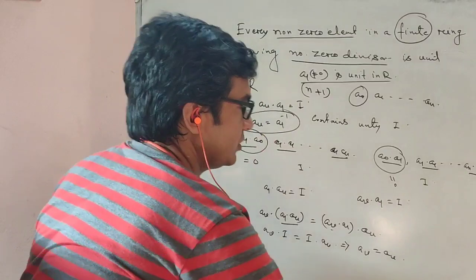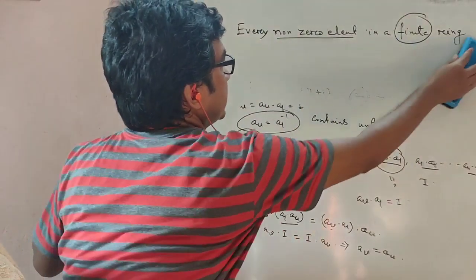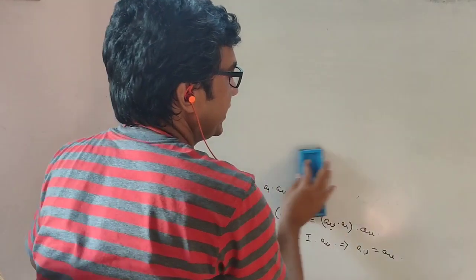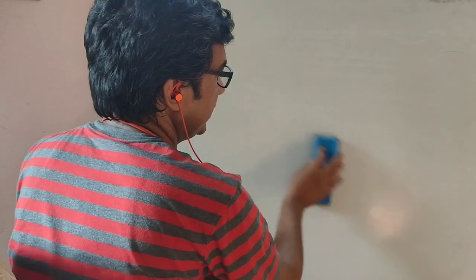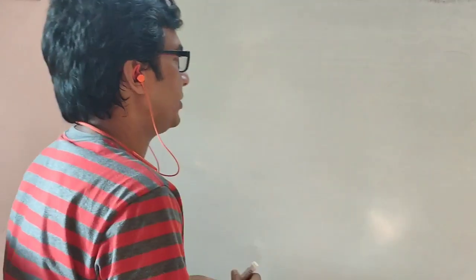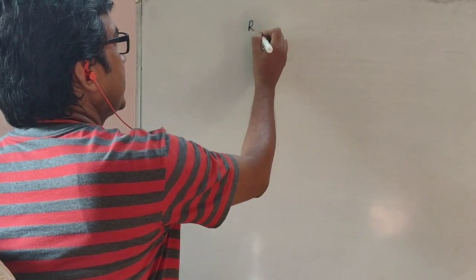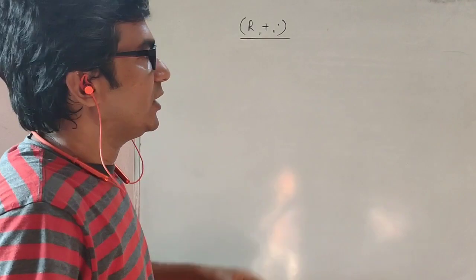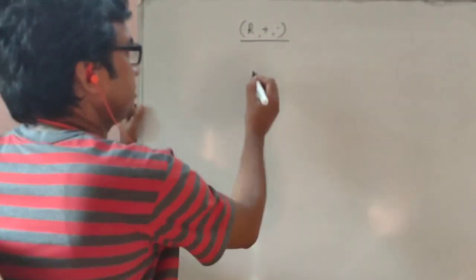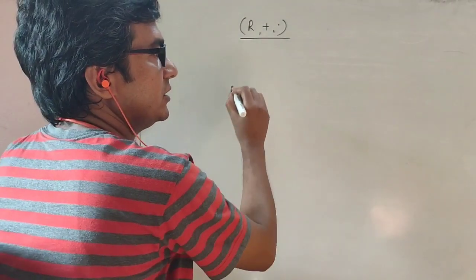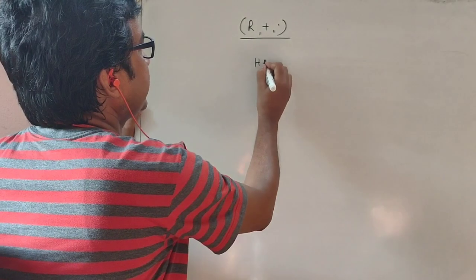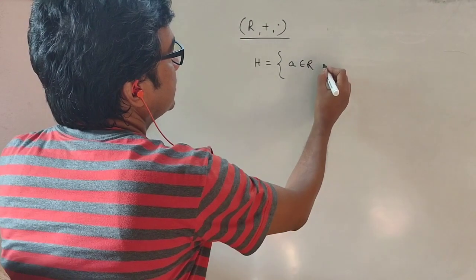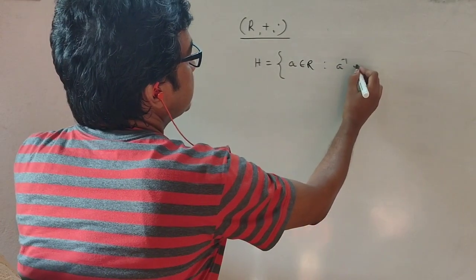Now, if we collect all the units of a ring, let R plus dot be a ring, and we collect all the units of the ring, we get the set H equal to A belongs to R such that A inverse exists.